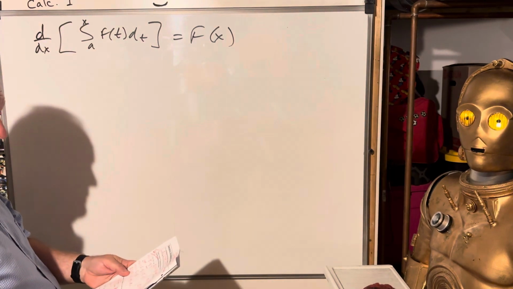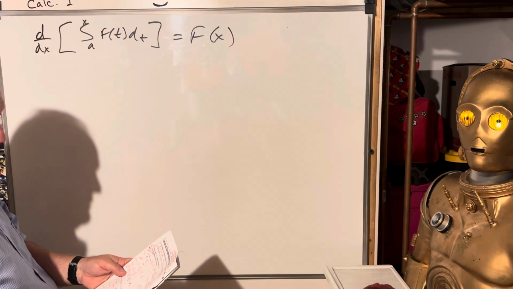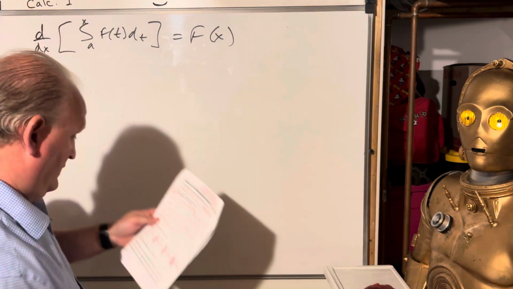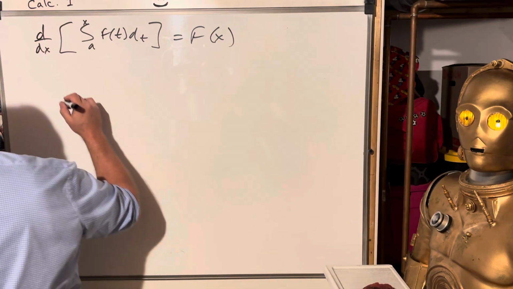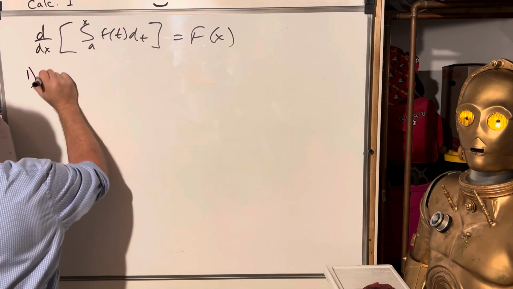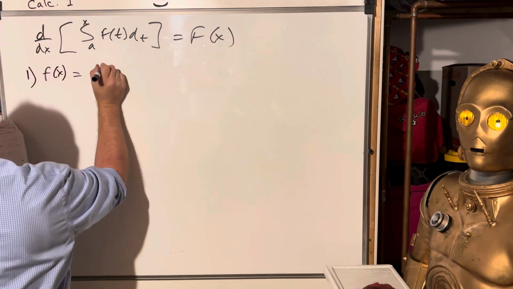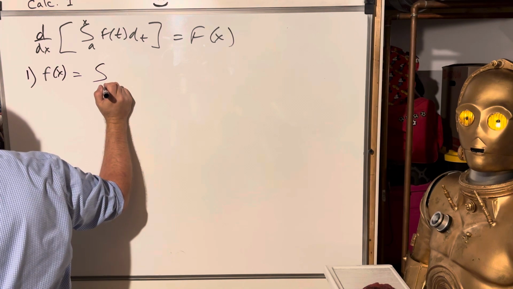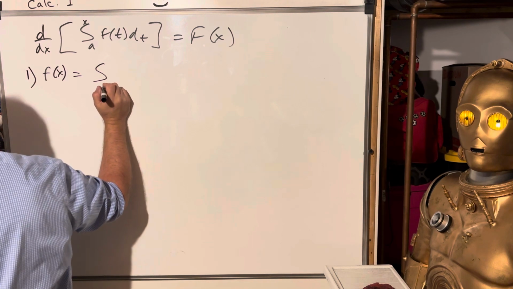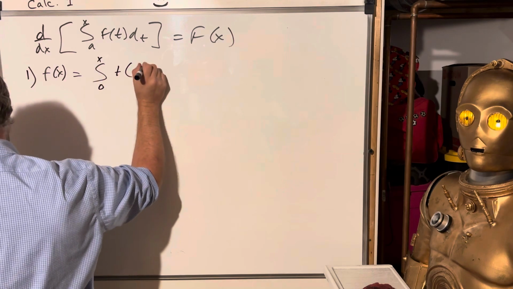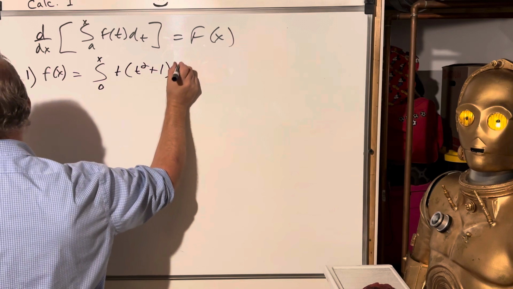So examples using the second fundamental theorem of calculus. First take the integral, and then the derivative. So let's do it, and we should end up exactly with what we started with. Number 1, f of x is equal to the integral from 0 to x of t times t squared plus 1 dt.